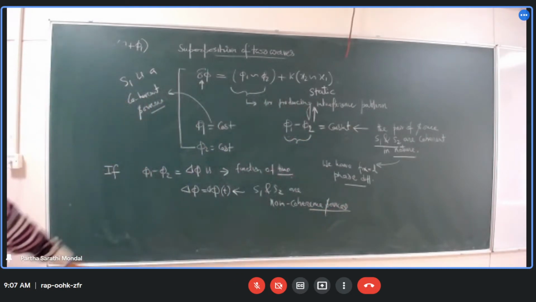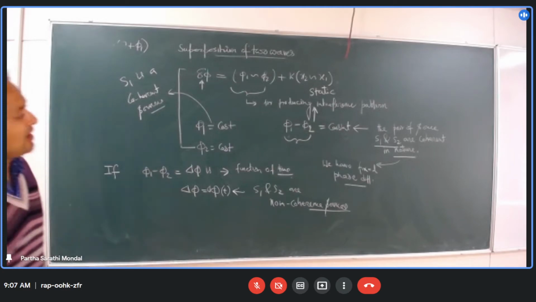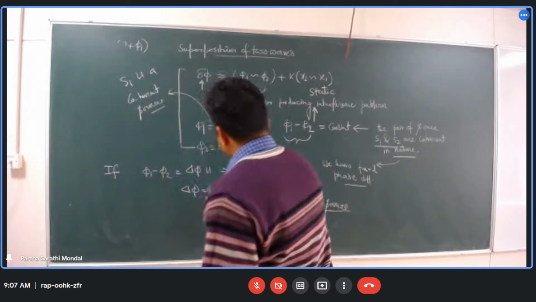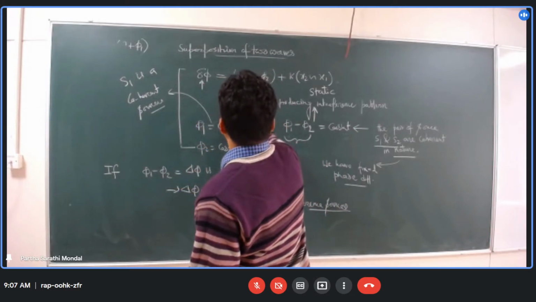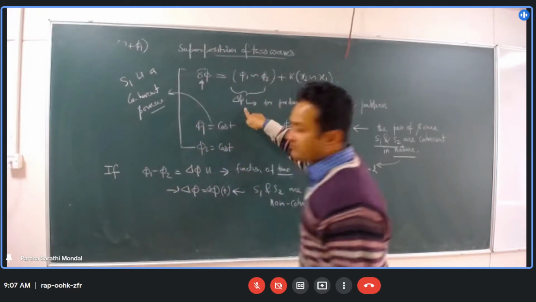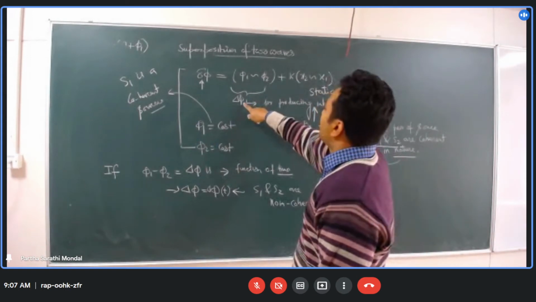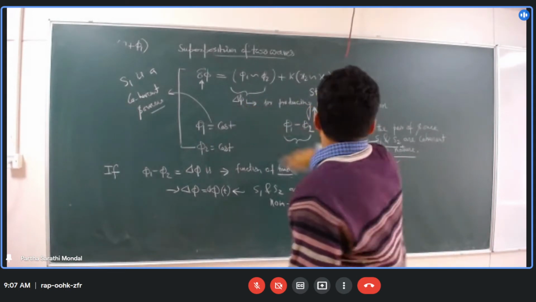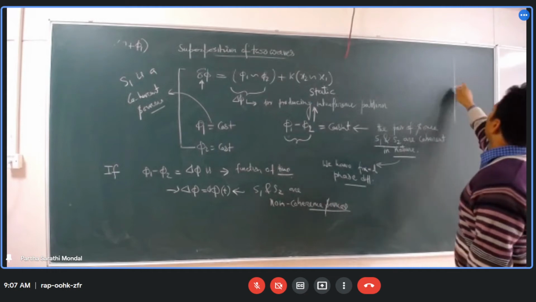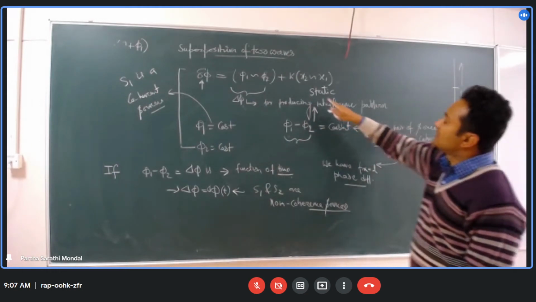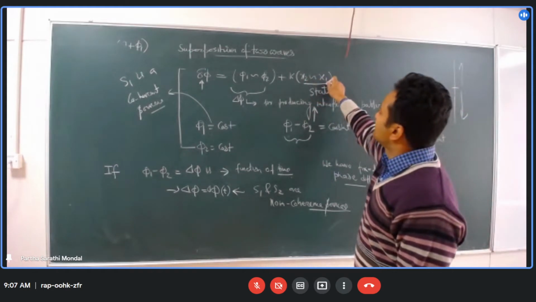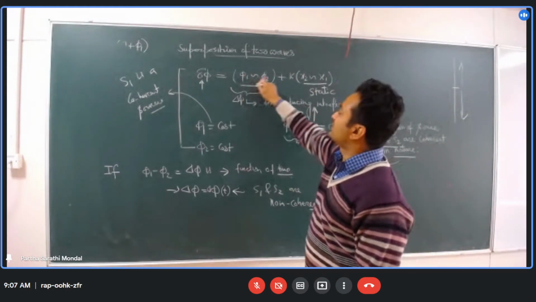So what will happen if this delta phi is not constant over time? If we move on the screen from here to here, we know that this part is changing, and this part is constant.